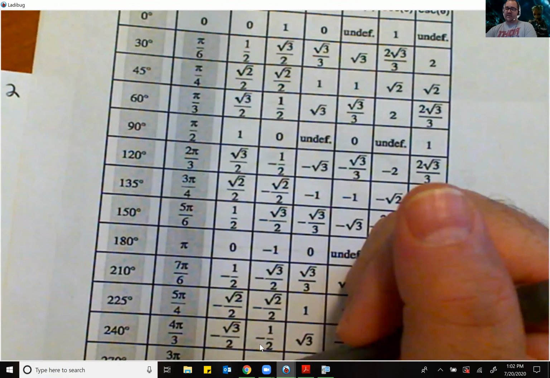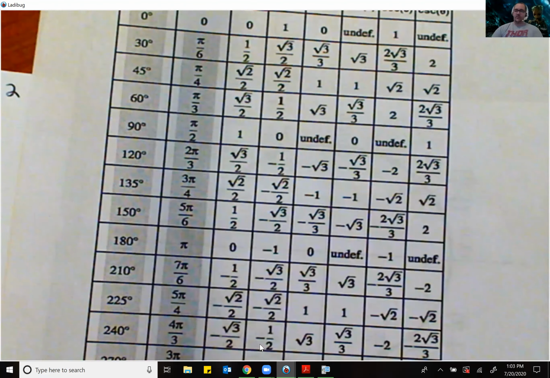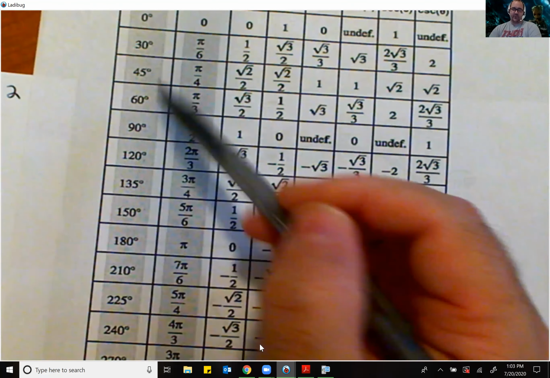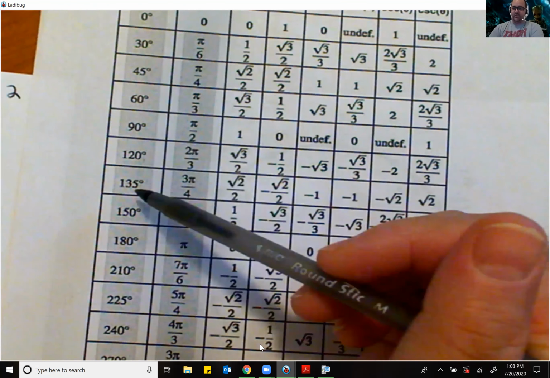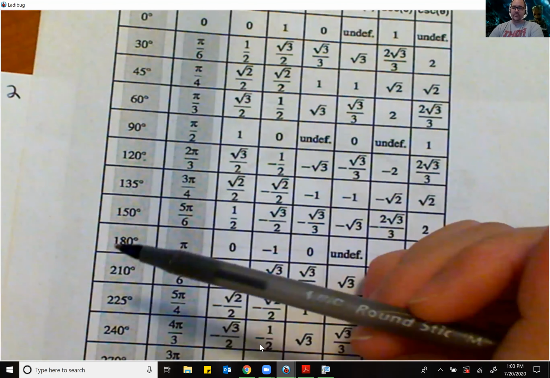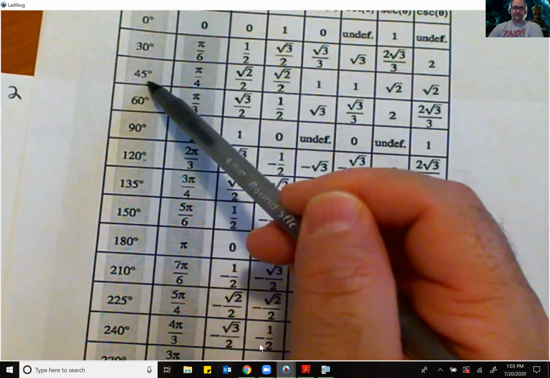Like, for instance, if I took 120 minus 45. I don't know if you'll have this for your exam or not, but I'm just giving an example. 120 minus 45 is 75 degrees. Or 30 plus 45 is 75 degrees.